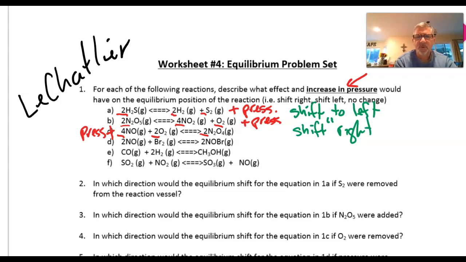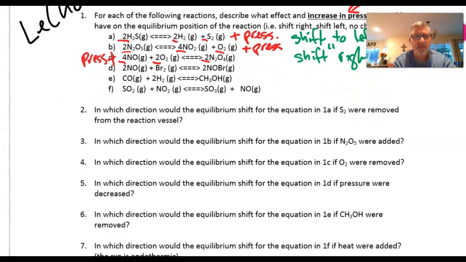Alright, so coming on down, we keep working with Le Chatelier here. In which direction would the equilibrium shift in 1A if S2 were removed? Remember, if I remove something, it pulls the reaction in the direction of what you remove.